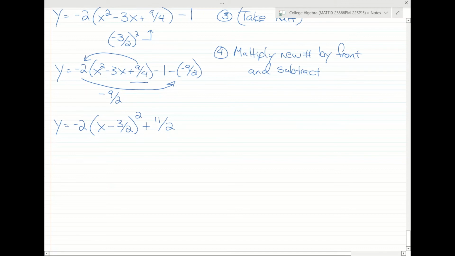11/2 to do the graph. We're going to go up 11/2. 11/2 is about 5.5. And -3/2 in the graph goes to the right. What did we say a negative did if it was in front?